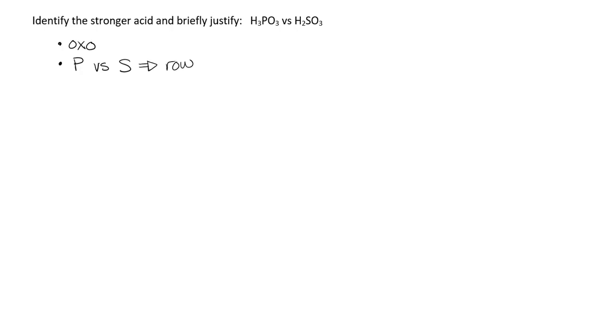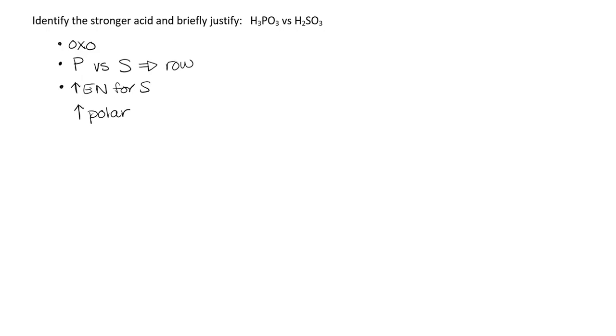The justification for the periodic trend with an oxoacid is always based on electronegativity. So because sulfur is further to the right, there's a higher electronegativity for sulfur. Because there's a higher electronegativity for sulfur, it makes the OH bond more polar in the acid containing sulfur.